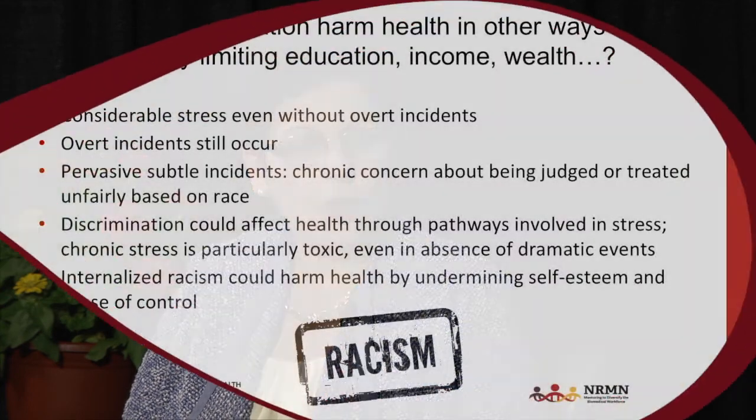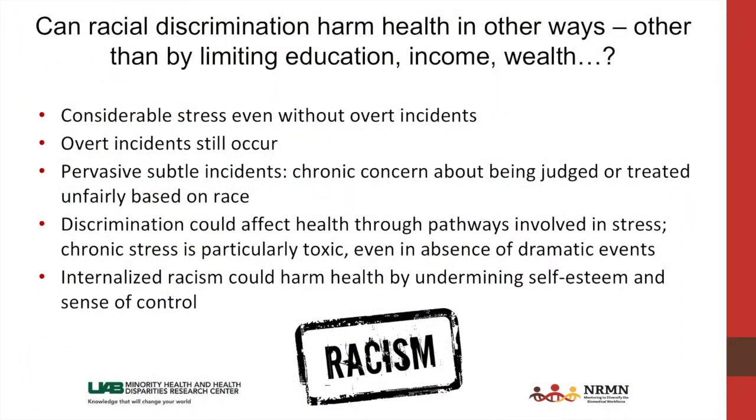Can racial discrimination harm health in other ways, other than by limiting education, income, and wealth? In addition to the limited education and lower income among our minority groups in the United States, minority groups can experience overt incidents that can lead to stress in their life.